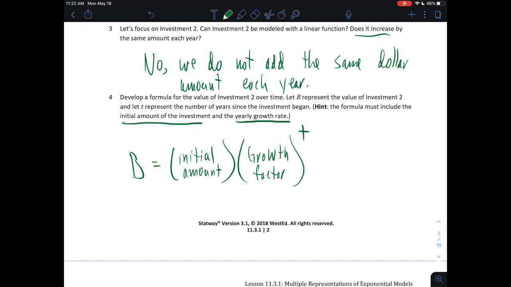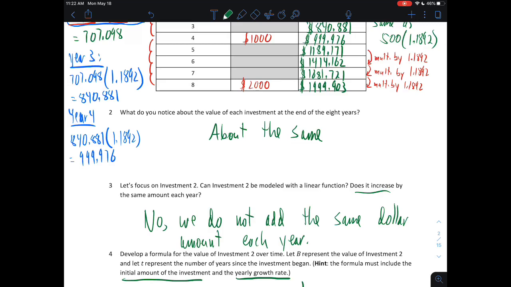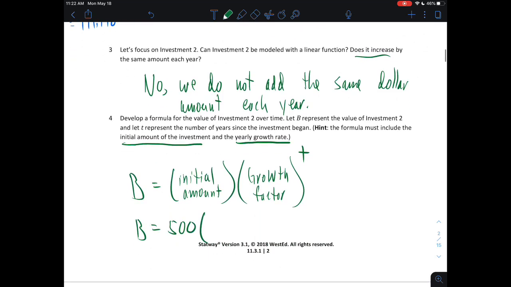What's the initial amount? We already know. It's $500. What's the growth factor? We also already know that. I kept multiplying by 1.1892. And then T is an exponent.